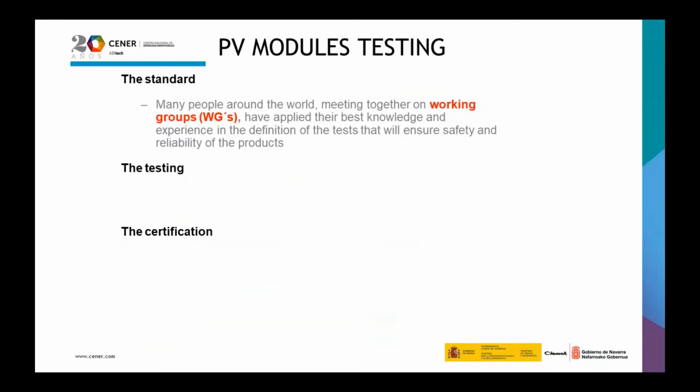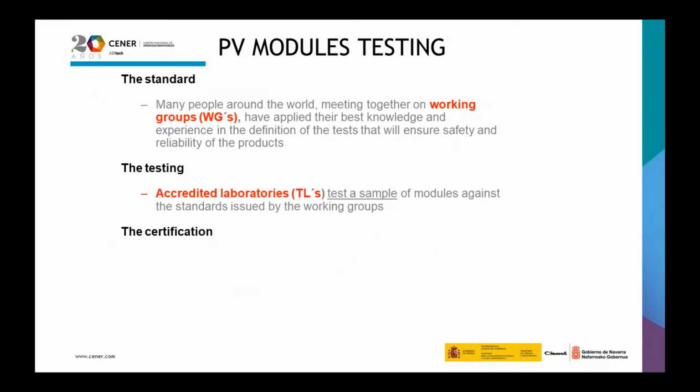Then we have the testing. The testing is performed by an accredited laboratory. The laboratories also must show competence for testing and calibration according to their own standard, the 17025.